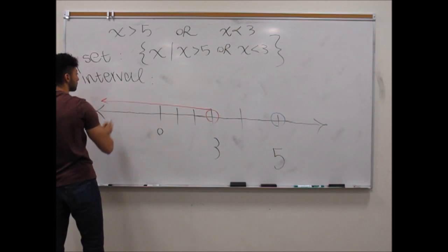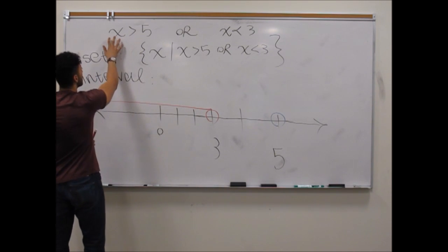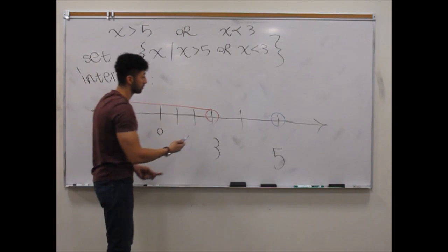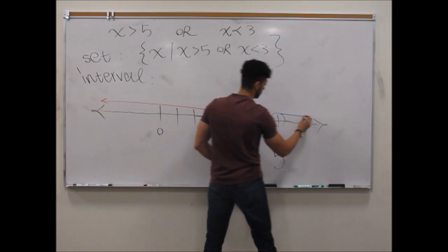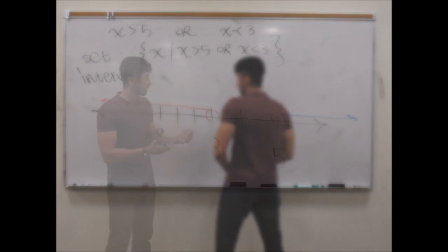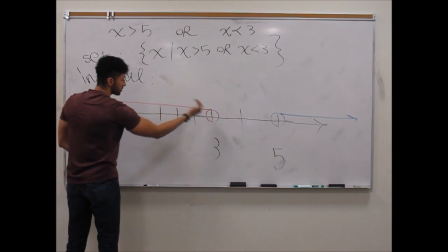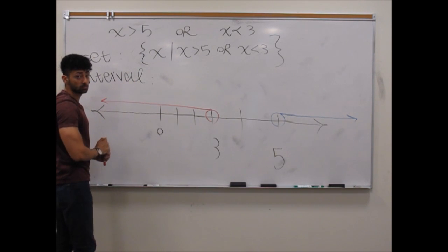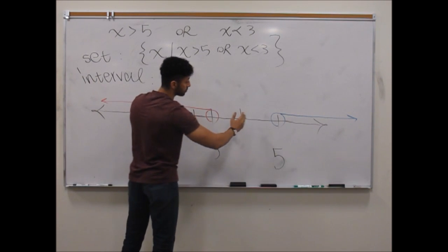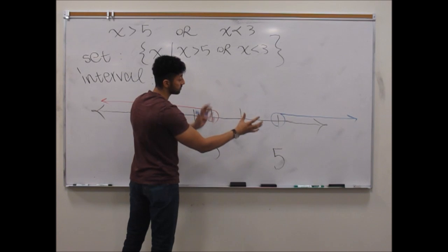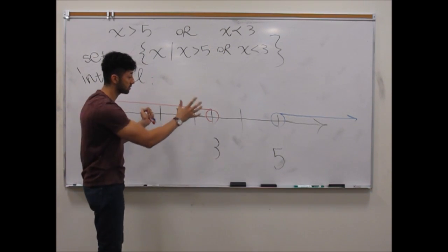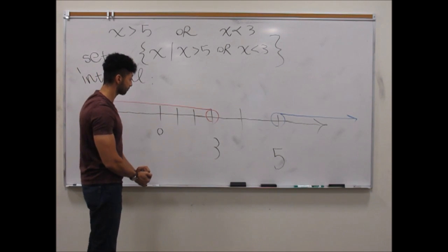And this piece here is saying x is greater than 5, which is values that are bigger than 5, so they're going to the right. So here we get solutions all going to the left. That'll satisfy one piece. And then here we have solutions going to the right, so that'll satisfy another inequality because we have 2 inequalities that we're working with. So this is fine because we're talking about the OR case.